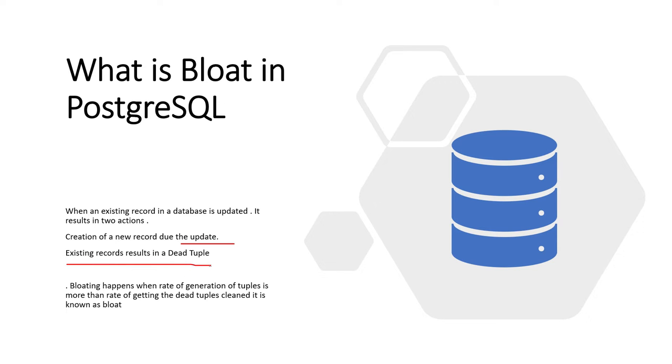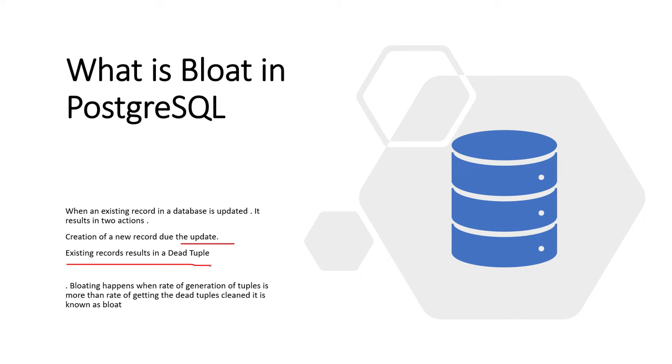So let's say in that table, due to the application behavior, the rate of generation of those dead tuples is more than those tuples are getting removed. It is known as bloating. You must have gone through the auto vacuum process wherein the dead tuples in the tables are removed due to auto vacuum.